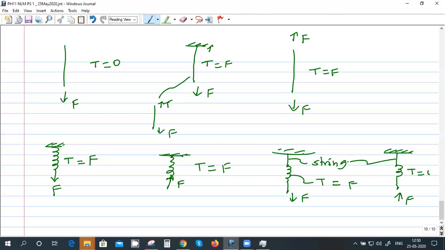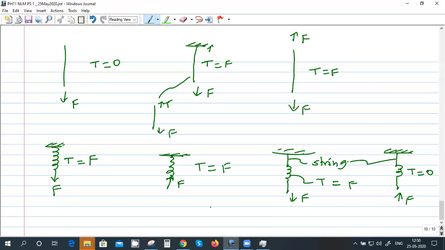Because when you try to push it, the string will slack. Before reaching that rigid surface, the string will be slack. So on the spring, one side there is a force F, the other side it's free. So it will just start moving without any change in the length of the spring.